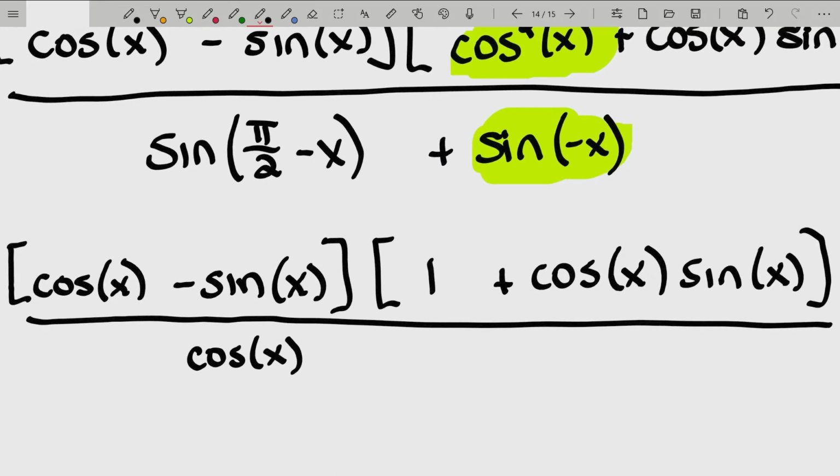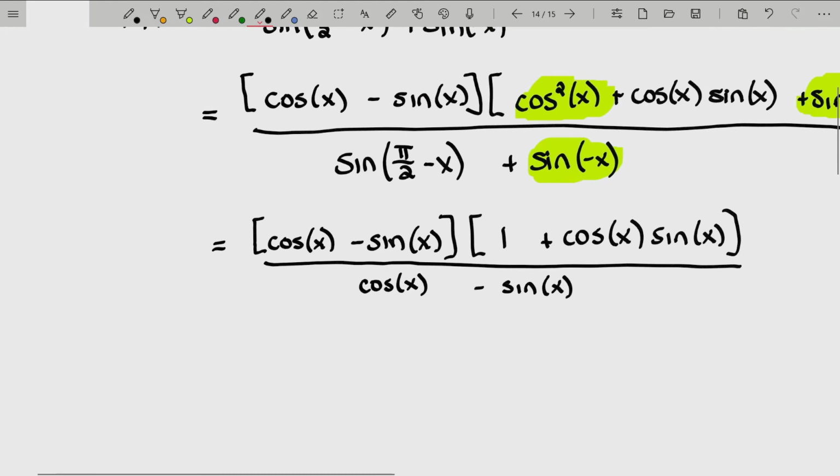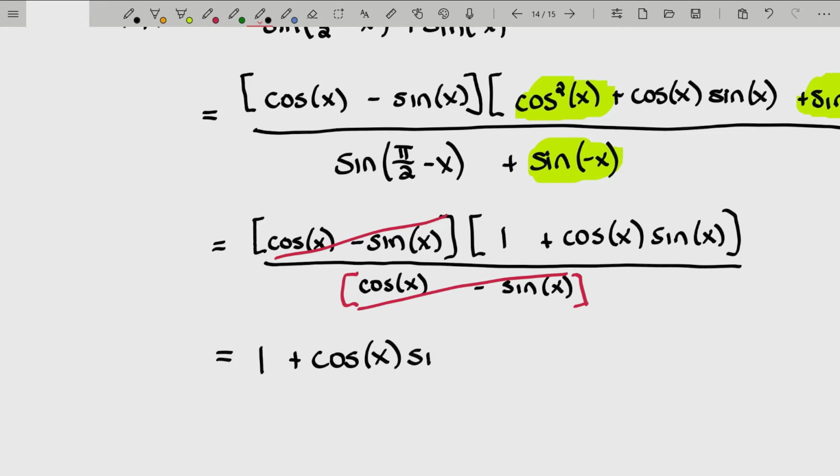And sine is odd, so sine of negative x is minus sine of x. And if you note here, the numerator has a picture identical to the denominator, and those factors will cancel beautifully. And this ends up becoming a beautiful 1 plus the cosine of x times the sine of x.